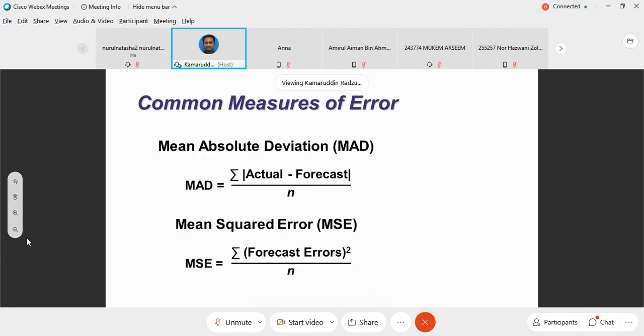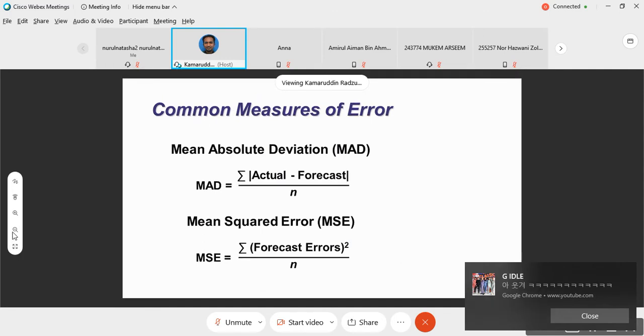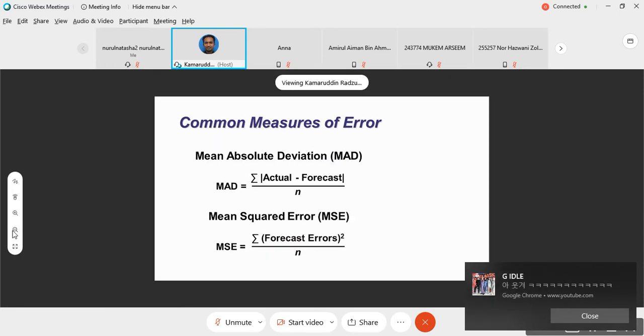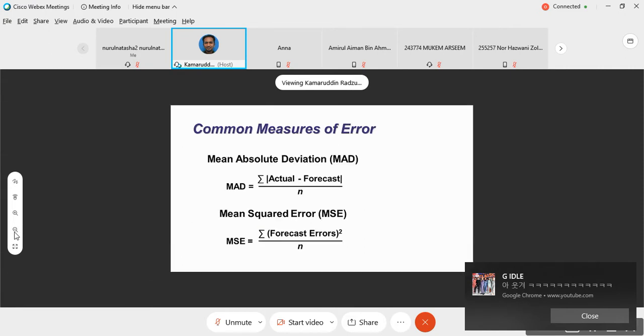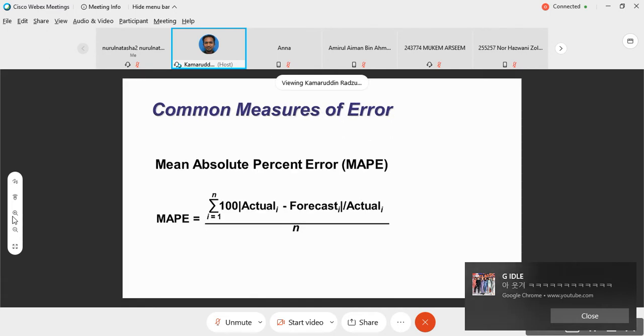Okay. Forecast error. There are a number of techniques that can be used to measure the error in the forecast: mean absolute deviation, mean square error, and also mean absolute percent error.